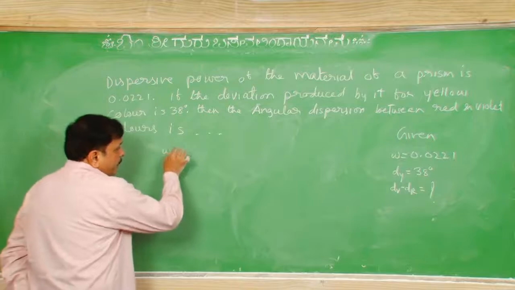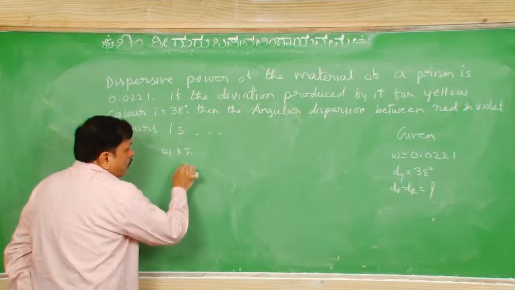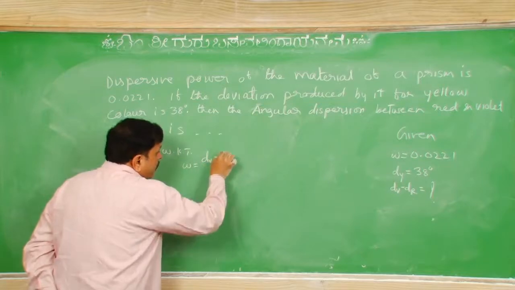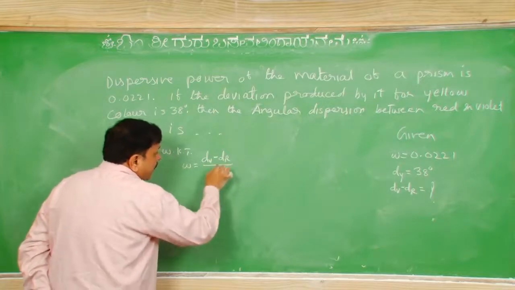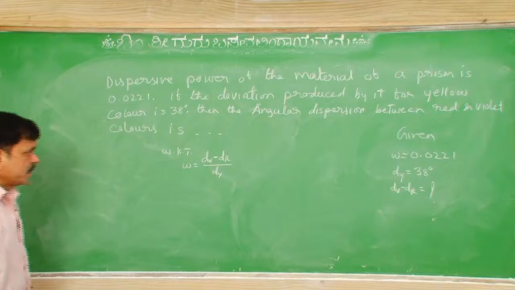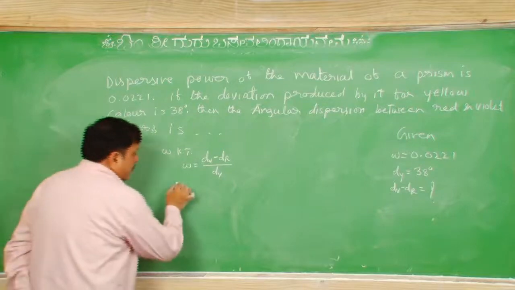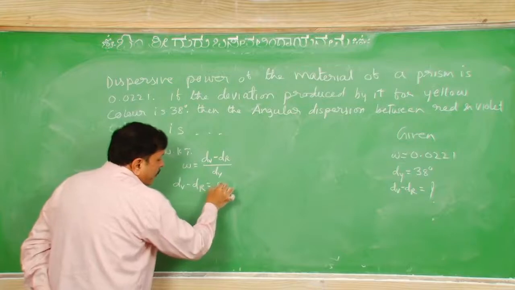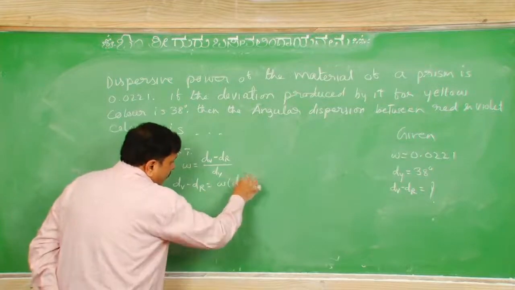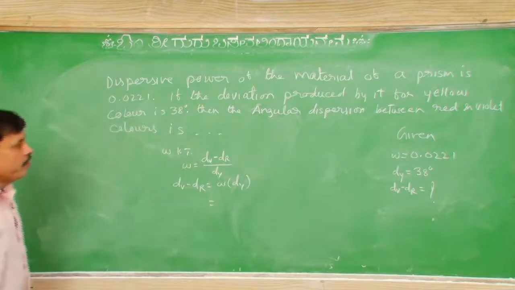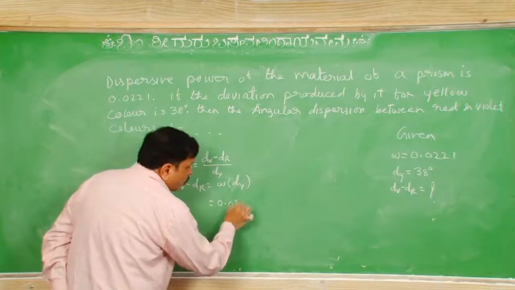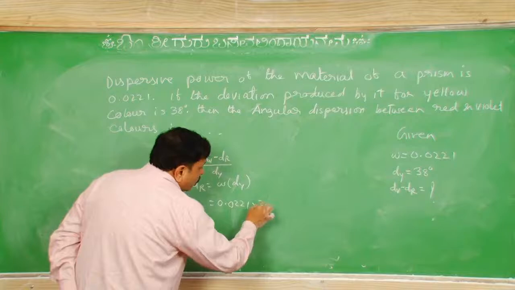We know that omega equals (D violet minus D red) divided by D for mean. So D violet minus D red can be written as omega into D yellow. Omega is 0.0221 into 38.